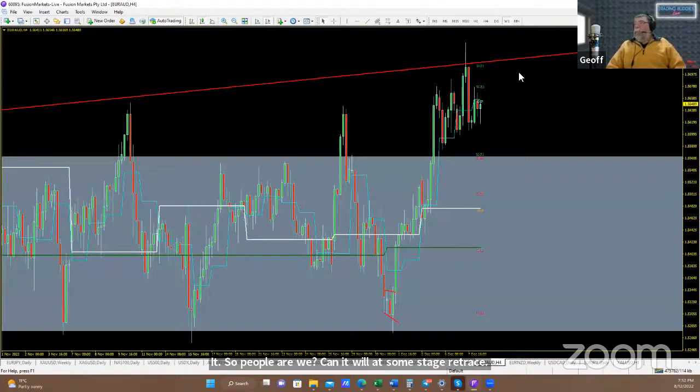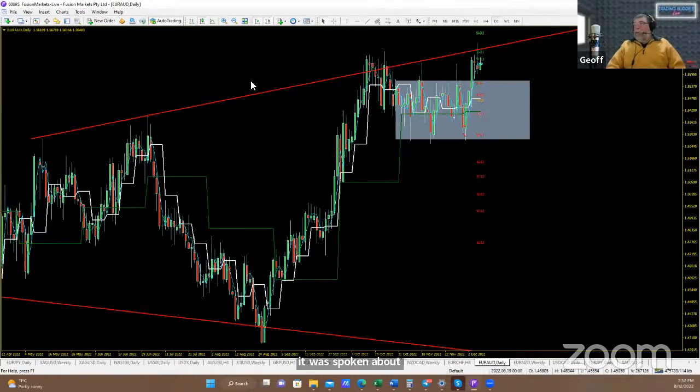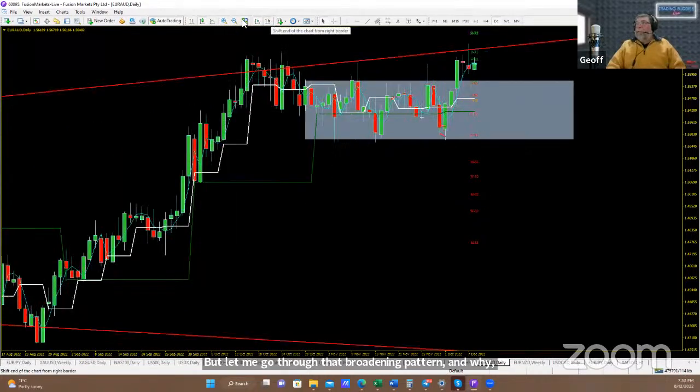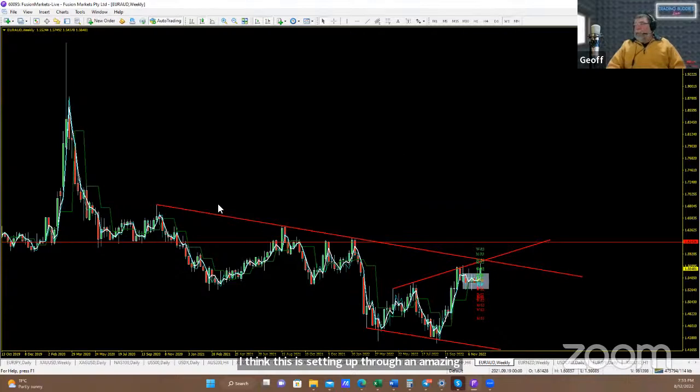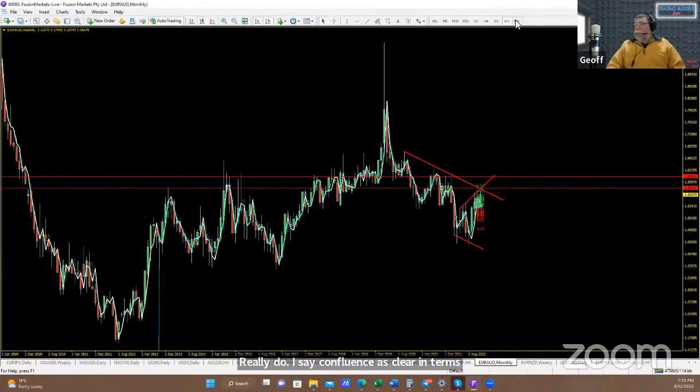Euro Aussie was spoken about, but let me go through that broadening pattern and why I think this is setting up for an amazing opportunity. Because of that level there, rarely do I see a confluence as clear. In terms of a horizontal level, it doesn't seem that good.